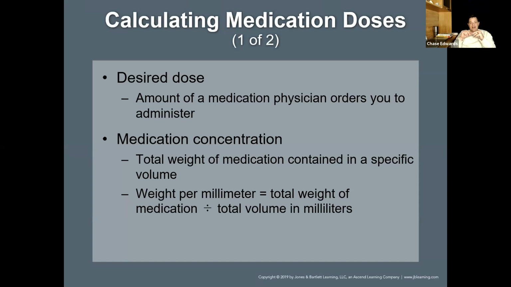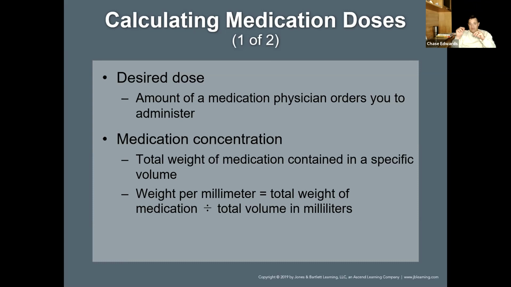The medication concentration is the total weight of the medication contained in a specific volume. You're going to note that the medications are contained in different volumes of solution, right? And this is your volume on hand. So to administer a medication, you must know the weight of the medication that is present in 1 milliliter.